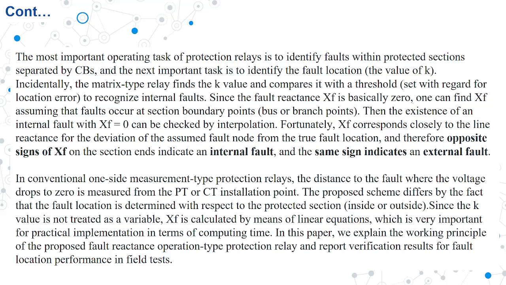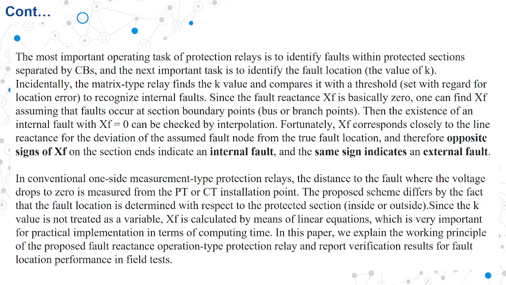Then, when XF equals 0, it can be checked for interpolation of internal fault. Fortunately, the XF correspondingly is close to the line reactance and assumes the fault node from the true fault location. Therefore, the opposite sign indicates the fault reactance is a system that ends in an internal fault. Then the same sign, like a positive sign, indicates an external fault.